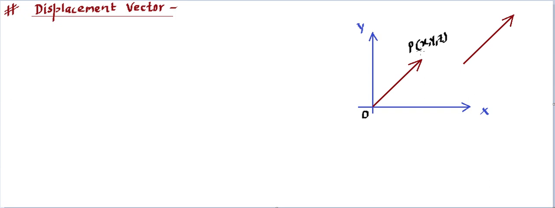So then this OP vector will be written as x i cap plus y j cap plus z k cap. And we have learned that this vector is known as position vector of point P.